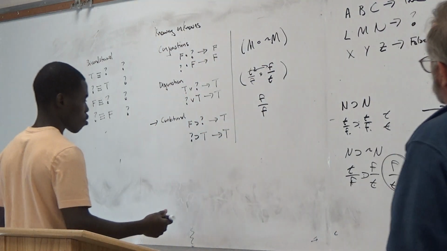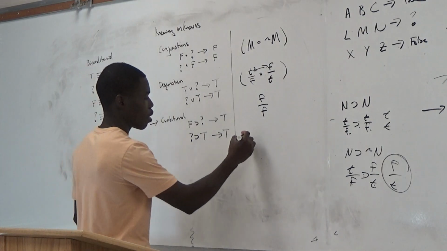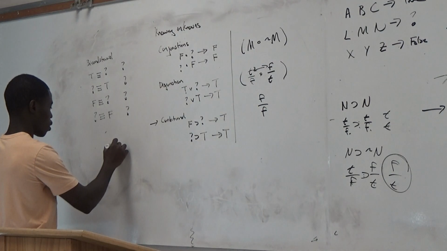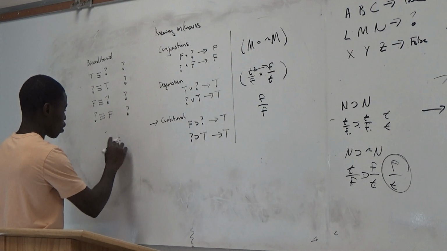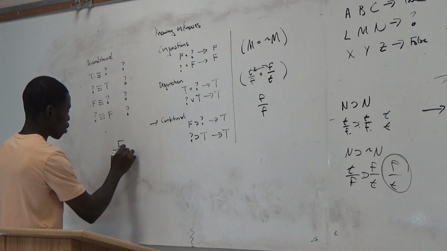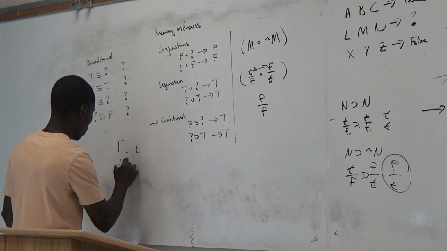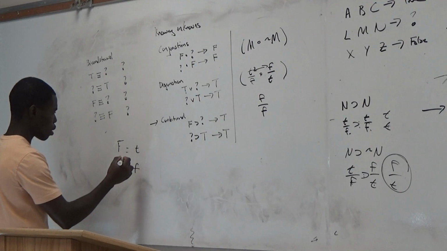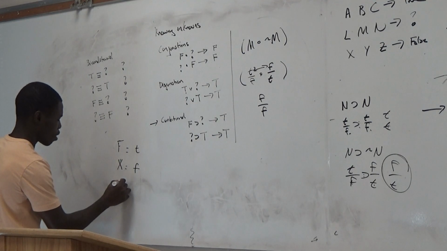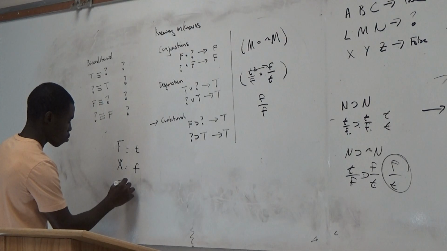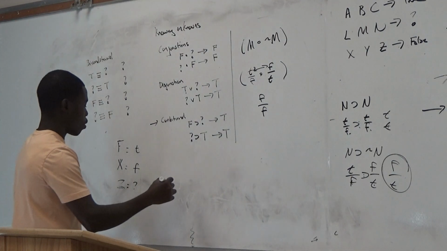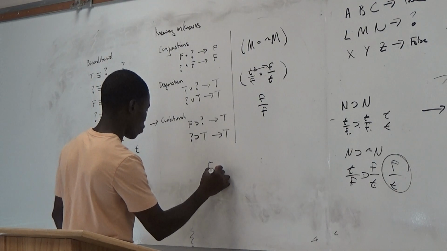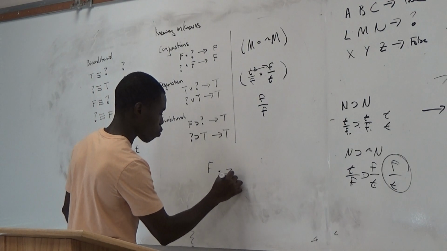I was solving a few problems and I made something like this where actually, let's just say T, actually if F was true, X was false, and Z was unknown. So knowing that F was true and Z was unknown, it's in this first form.